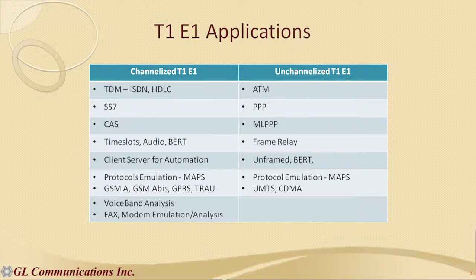T1 is the American standard. That's 1.544 megabits per second. It's channelized, and it's also used in unchannelized applications. So we have channelized and unchannelized T1E1 applications. E1 is the European version. That's 2.048 megabits per second, and it's mostly used all over the world, standardized by the ITU.